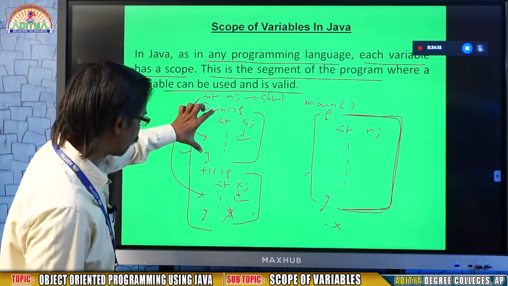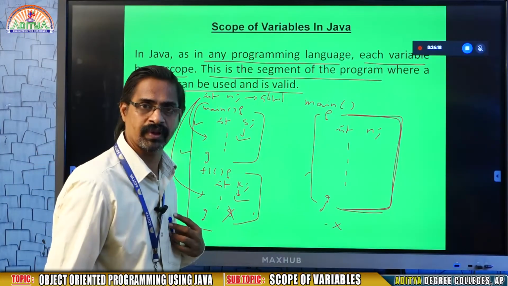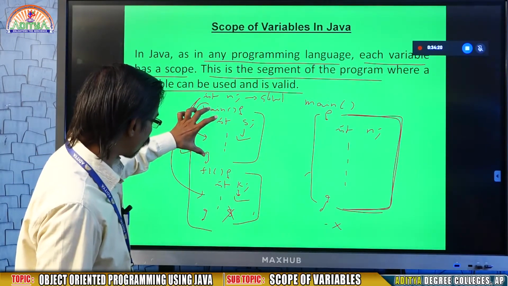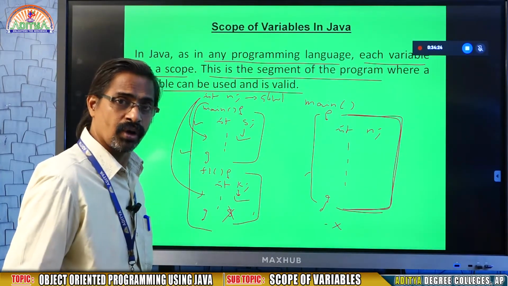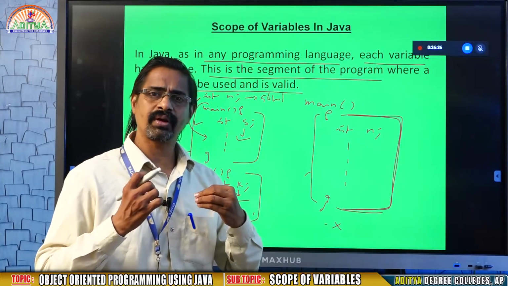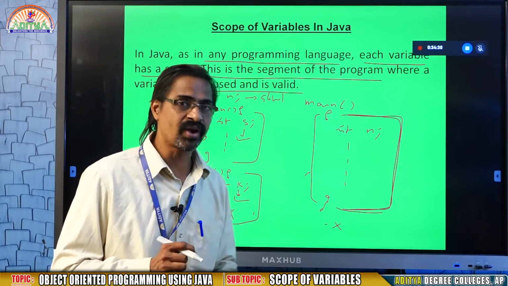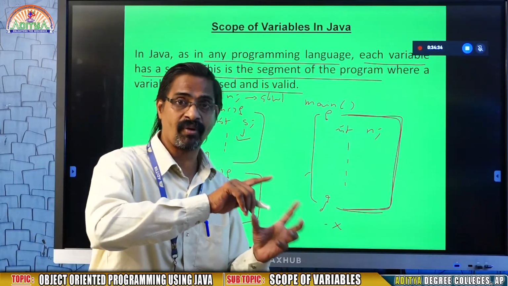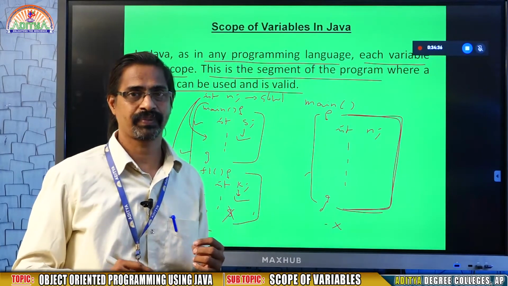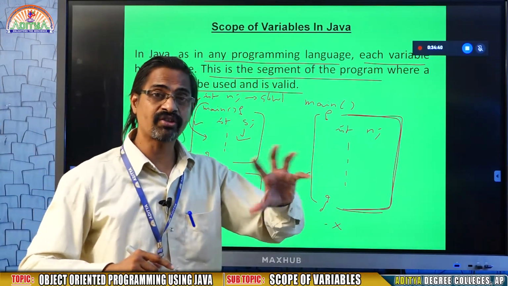If a variable is visible in main and F1, it is called global scope. The variable which is accessed only within the method is called method scope. So declaration of a variable is important. Without declaring the variable, memory will never be allocated. In some situations, a variable declared in one function may be accessed in another function, and in some situations it may not be accessible. This is what is called scope.